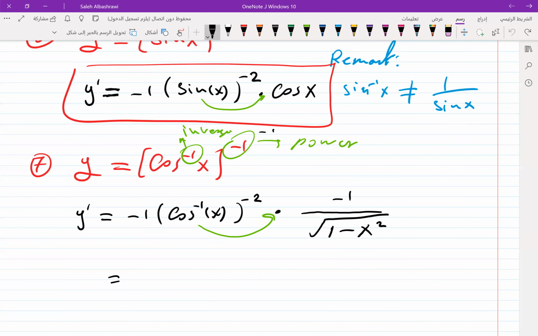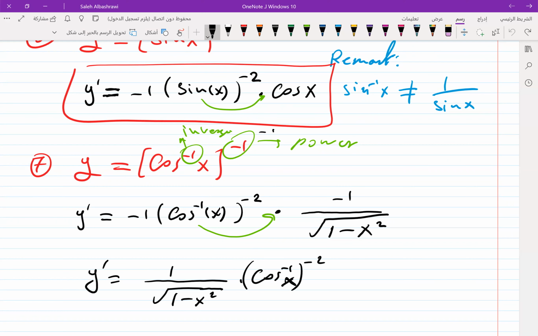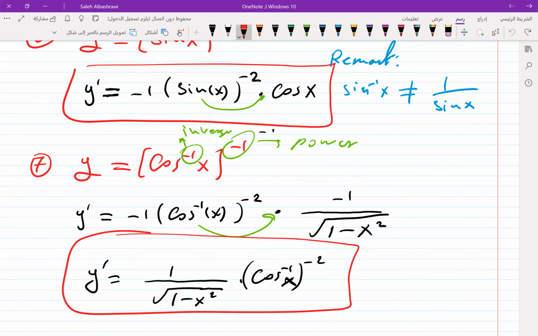It just can be written as minus 1 with minus 1. It will be 1 over square root of 1 minus x squared multiplied by cosine inverse x to the power minus 2. So I will have something like this one. It is 1 over square root of 1 minus x squared multiplied by cosine inverse all to the power minus 2, and that will be the derivative of this function. So we have to be careful about the derivatives and the power. They are not the same.